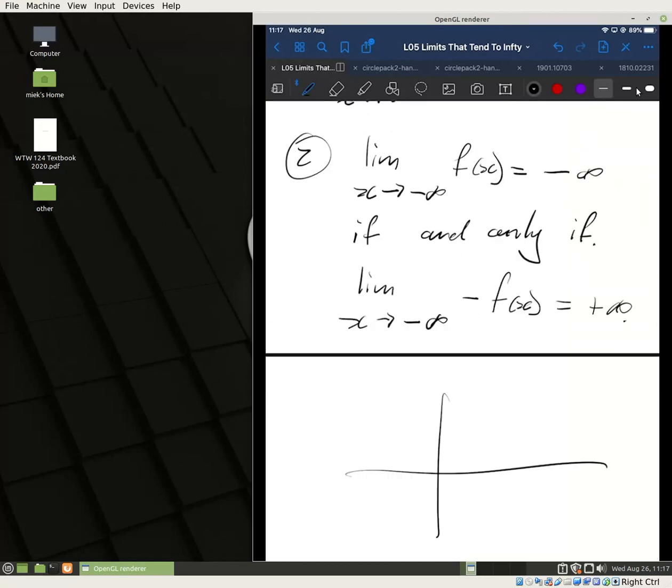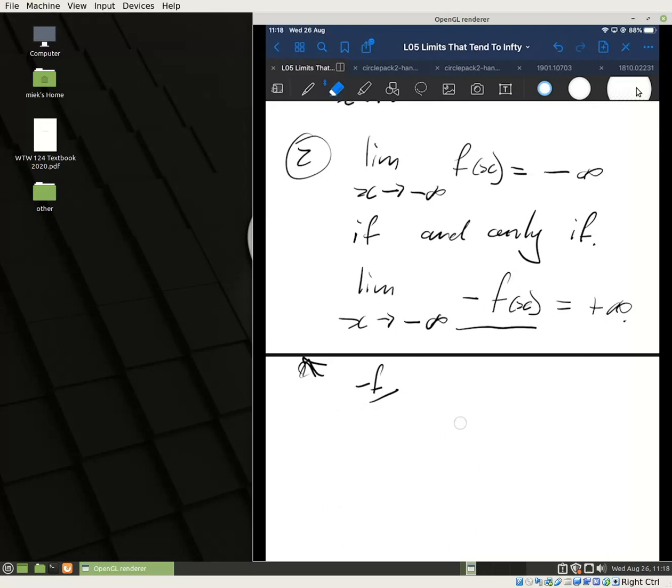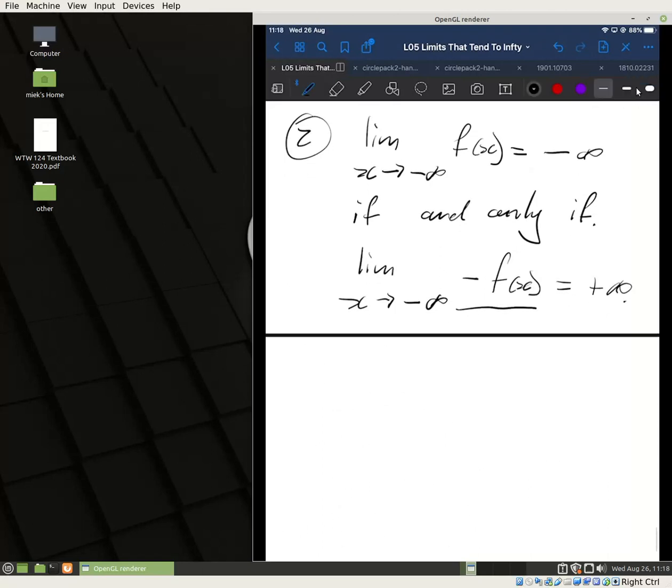You can intuitively see how that works. If our function tends to negative infinity as x goes to negative infinity, and we reflect it around the x-axis, then minus f will go to plus infinity. Again, the proof is not particularly difficult. You can do that as an exercise.